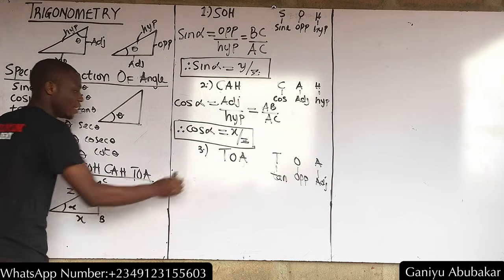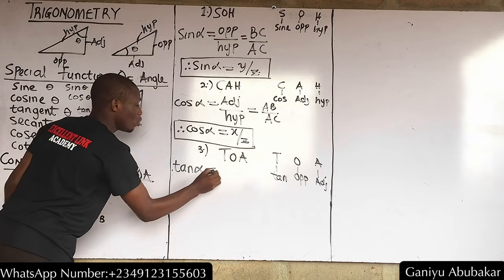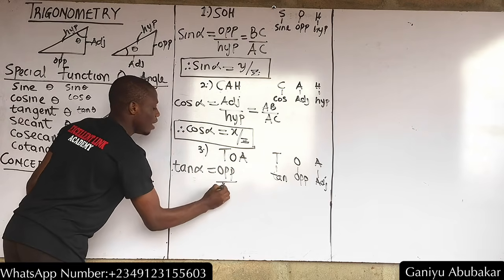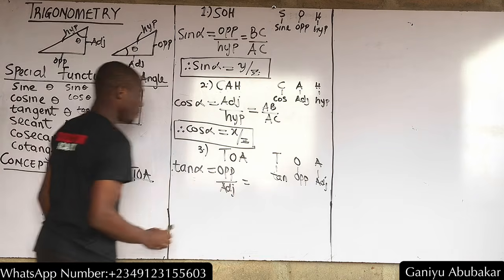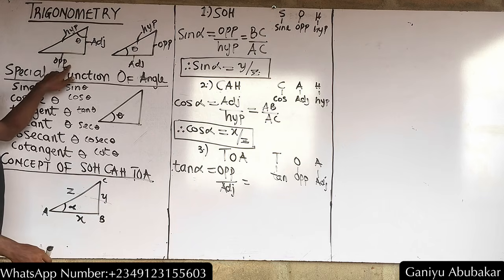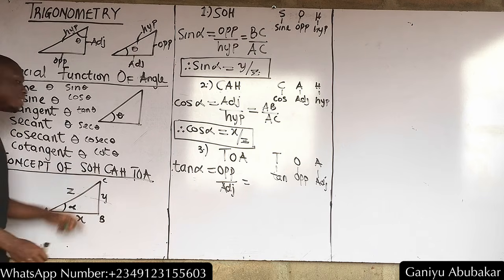Let's get it right. This means tan alpha is equal to the ratio of opposite all over adjacent. So what's my opposite here? Opposite is where the angle is facing. The angle is facing here. It becomes my opposite, that's BC.